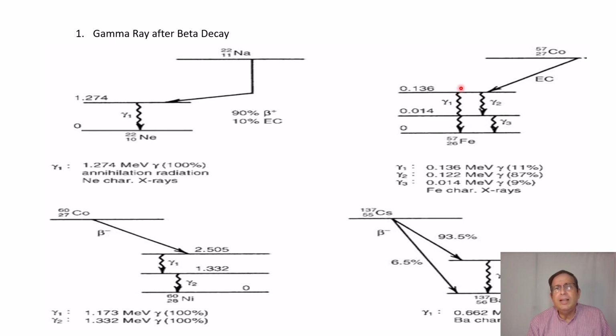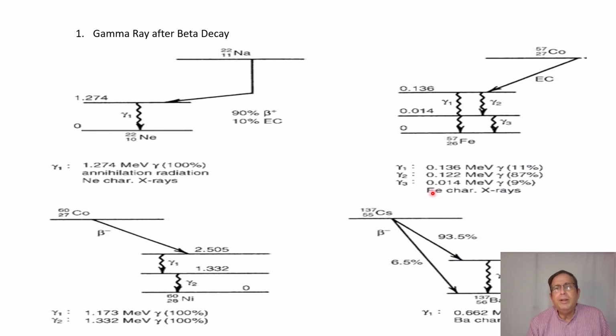So one of them is the gamma 1 that is produced when the highest excited state of 0.136 MeV falls to the ground state, and in the process it produces a gamma ray of 0.136 MeV, which is just the energy difference between the excited state and the ground state.